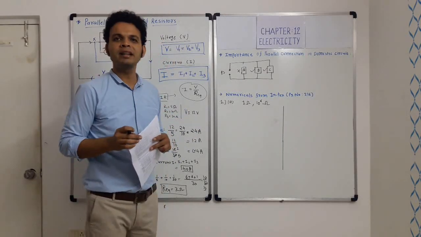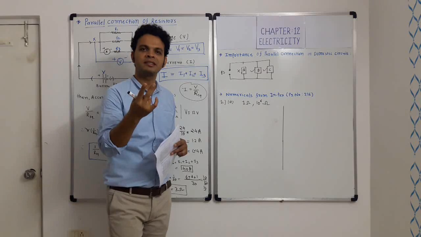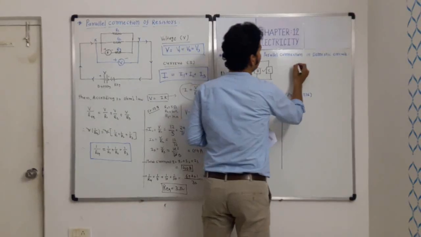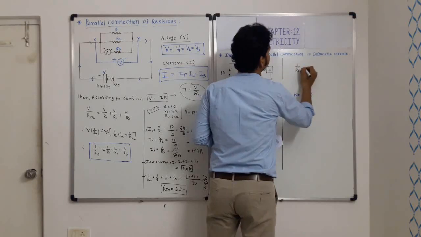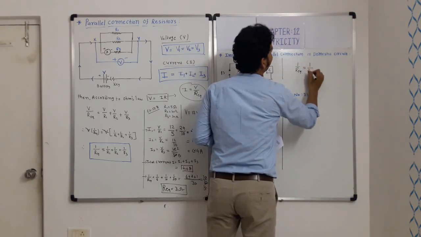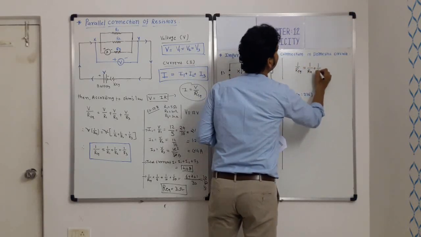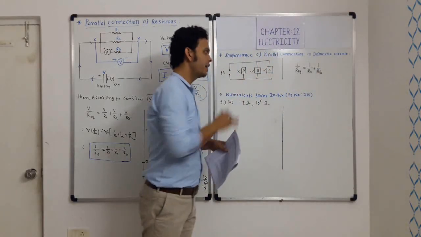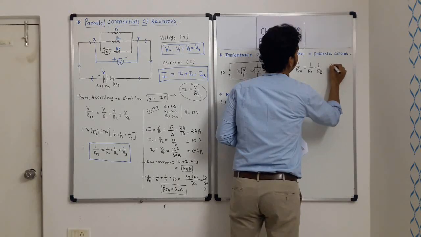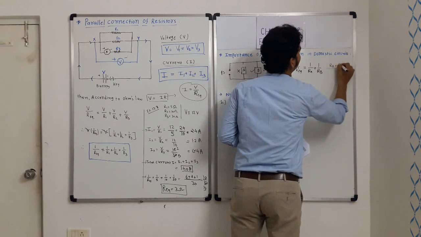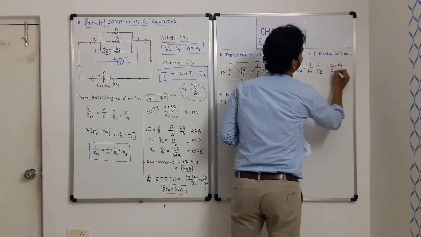Now remember one thing, whenever there are only two resistances, let's say RA and RB, then 1 upon R equivalent is equal to 1 upon RA plus 1 upon RB. If you take the LCM, this is RA plus RB over RA into RB.